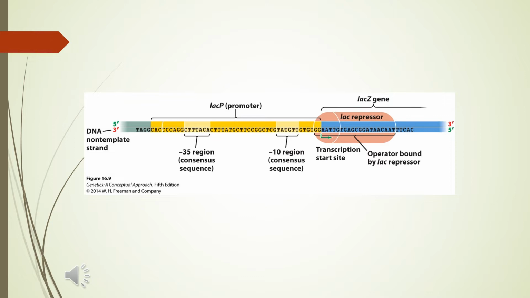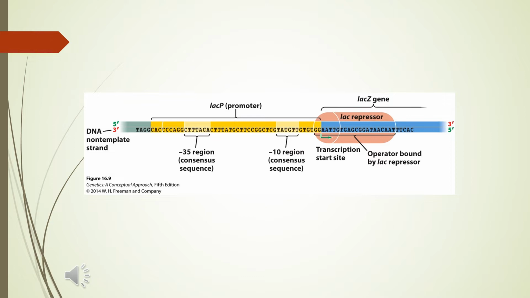The minus sign indicates that from the transcription start site the bases can be numbered -1, -2 onto the left. The -10 region consists of bases 10 away from the transcription site on the left.